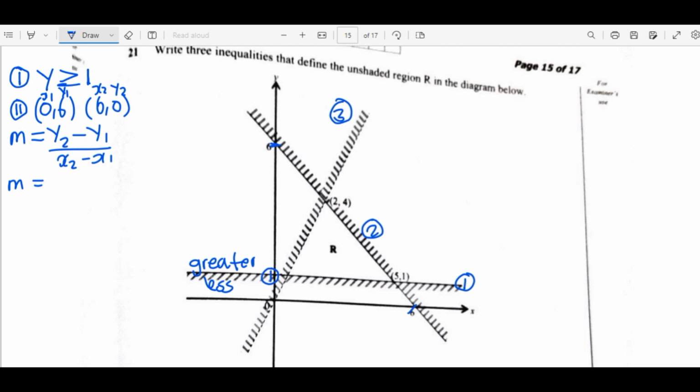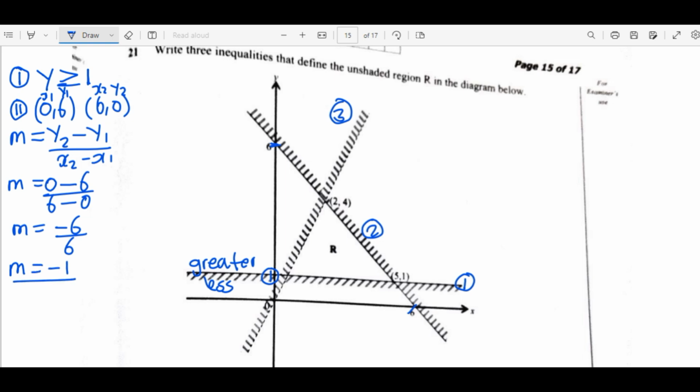So the y2 is 0, the y1 is 6, over the x2 is 6 minus 0. 0 minus 6 is negative 6, over 6 minus 0 is just 6. So the gradient is just negative 1.